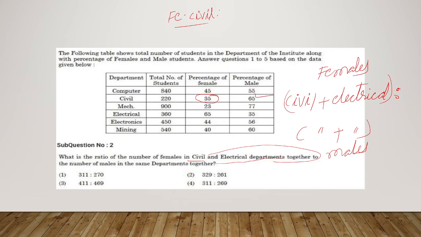If we get this, we can subtract it from the total, then the remaining are male. We will first find the percentage of female in civil. How? 30 plus 5 percentage, or we can do 50 minus 15 percentage. We will do 50 minus 15 percentage.